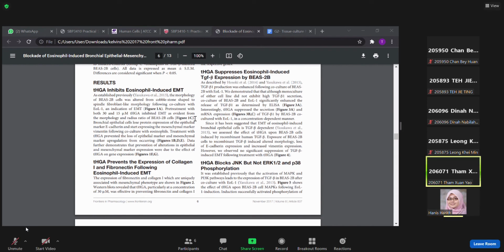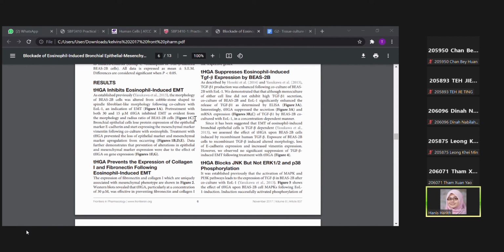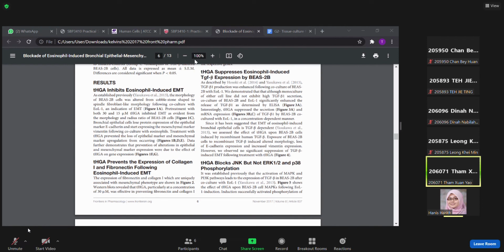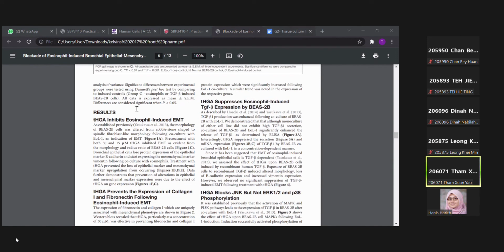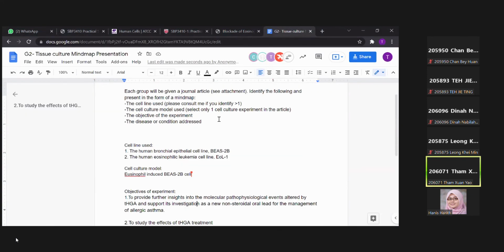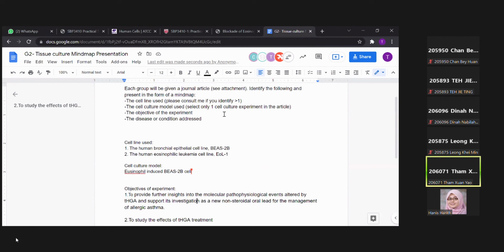If you have further questions, you can ask me. But I'm the one who's marking your mind map anyway, so don't worry too much. Any questions before I leave the room? Doctor, about the mind map, do we just focus on these 4 criteria, or do we have to add other criteria to it?